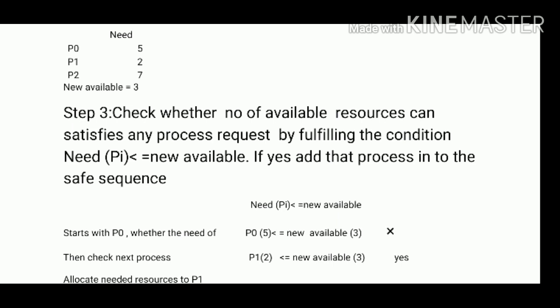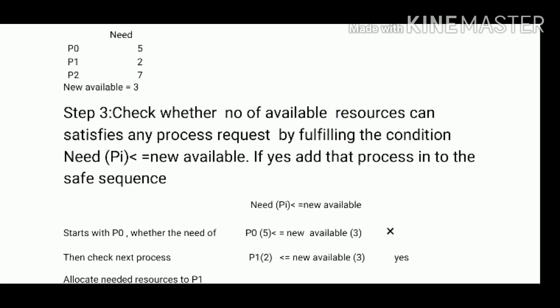So we start with P0 and check whether the need of P0, which is 5, is less than or equal to the available resources, 3. The need of P0 is 5, which is greater than the available resources. That means P0 requires 5, but we don't have 5 resources in our hand, we have 3, which cannot be given to process P0.